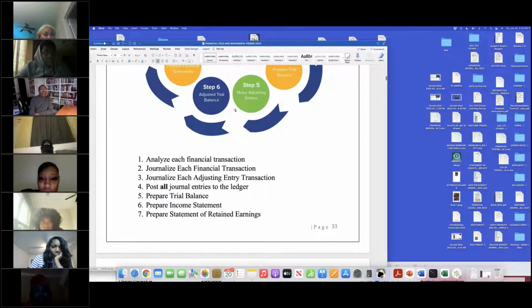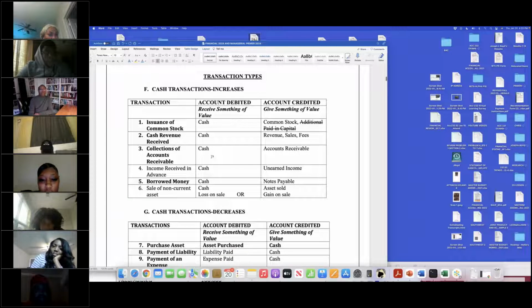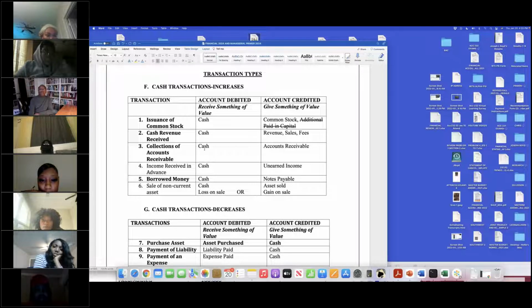Oh, the type 2. Read, we're collecting cash. So what do we debit? Cash. What do we credit? Accounts receivable. Okay, so see how easy that is? So you read the transaction and you get the type.